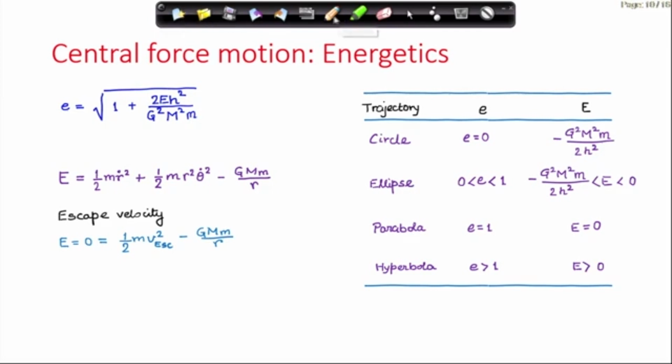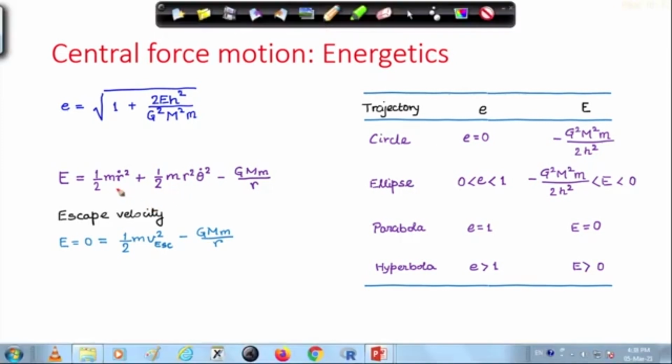Now, you should notice here that this term can be written as 1/2 m (r dot square plus r square theta dot square), and r dot square plus r square theta dot square is nothing but v square.